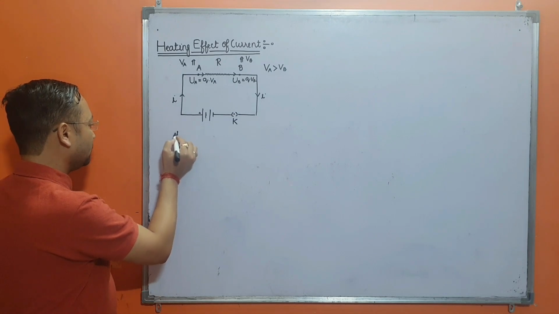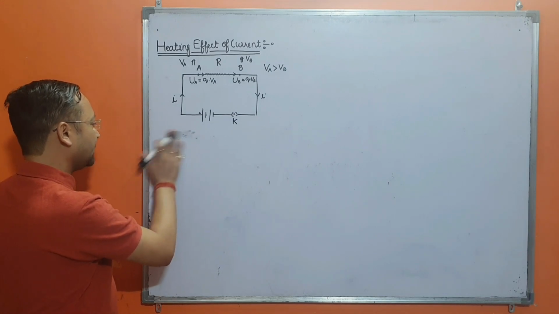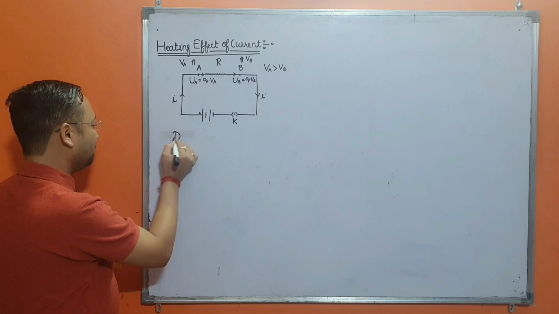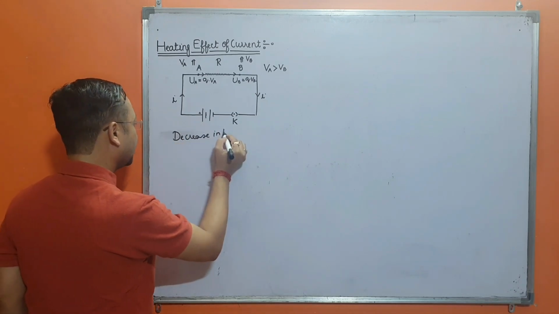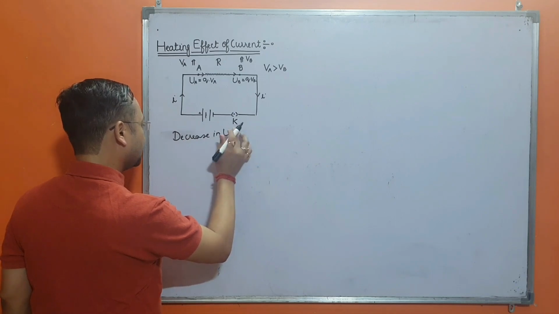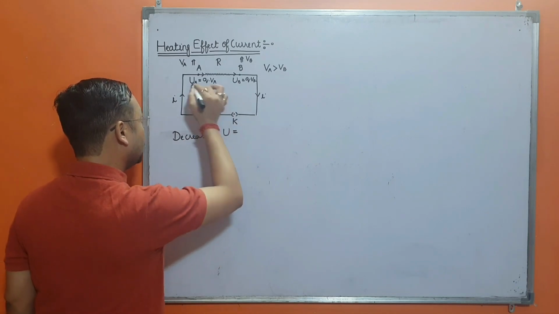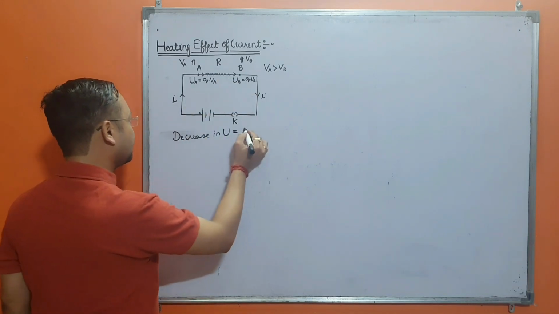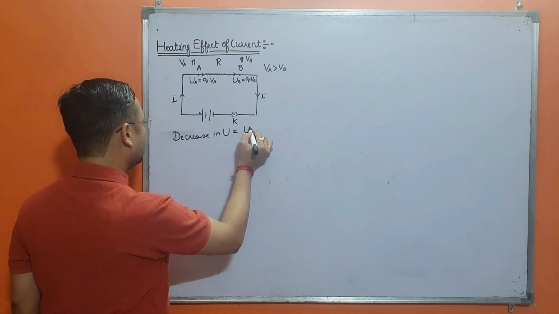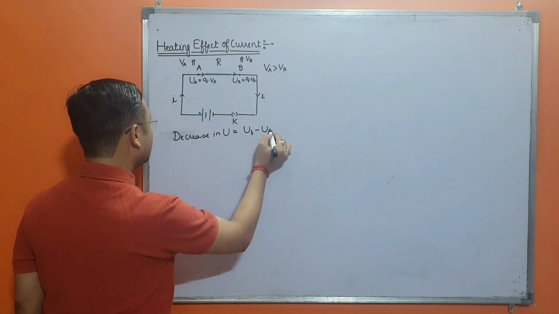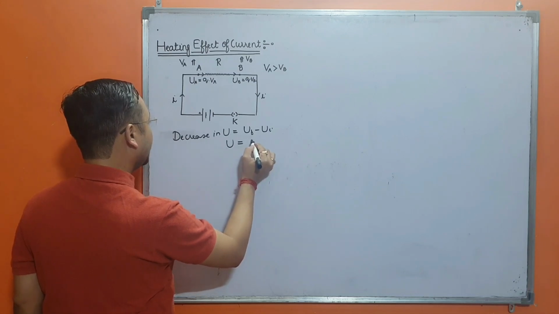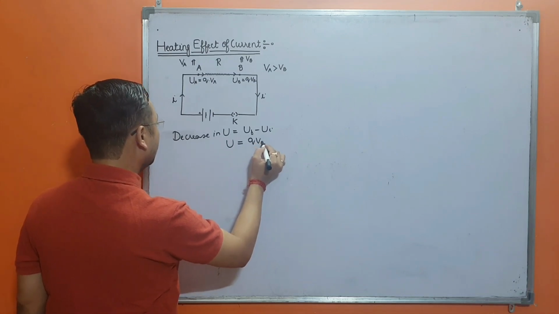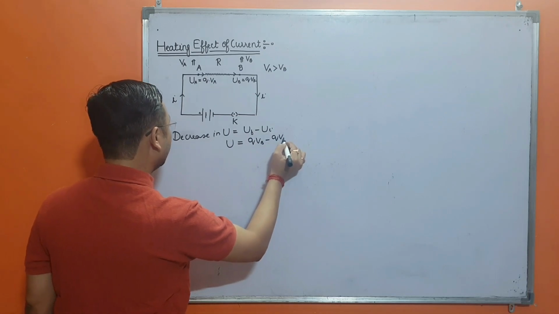So if we find the decrease in electrostatic potential energy when the charge Q is moving from end A to end B, it will be U final minus U initial, which equals Q VB minus Q VA.